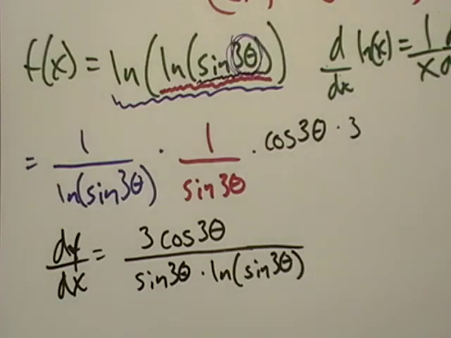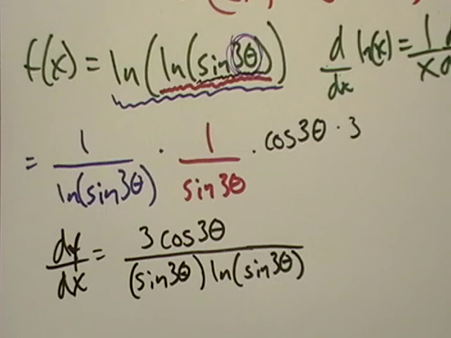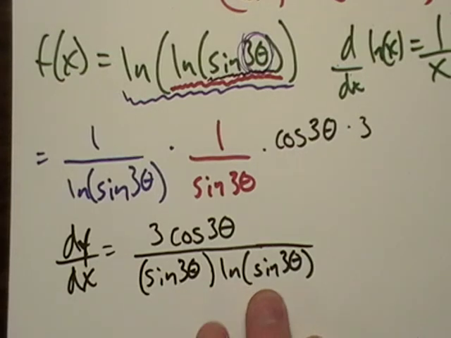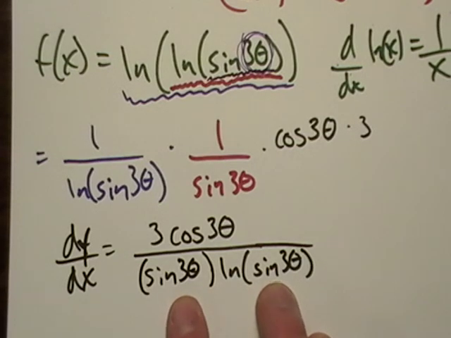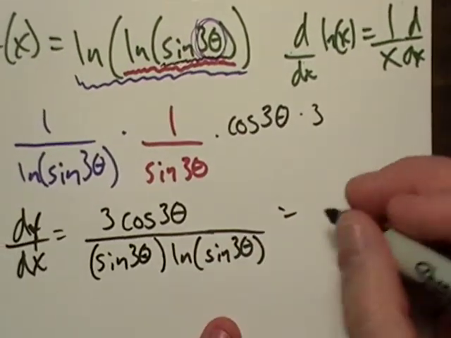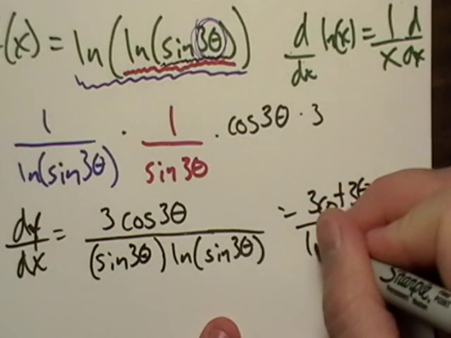Be careful, sometimes you'll be doing some algebra, figuring out some of these weird things, and you'll see this trig function here, and you'll want to factor it out or do something with it. And technically, we could say cosine 3 theta over sine 3 theta is cotangent, so 3 cotangent over natural log.